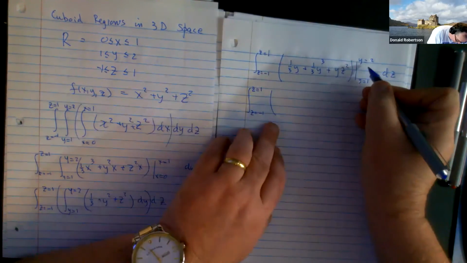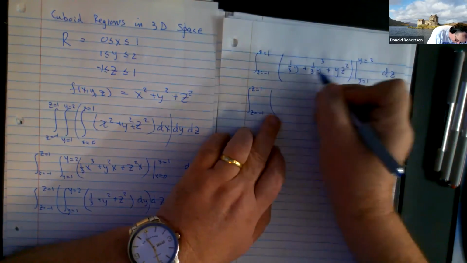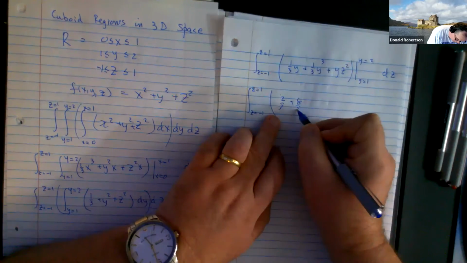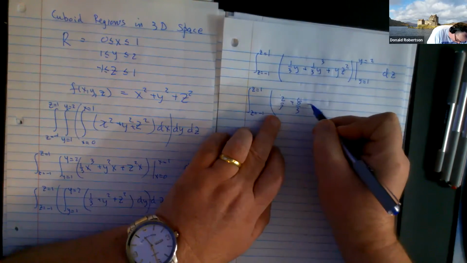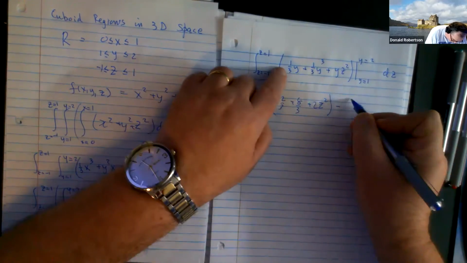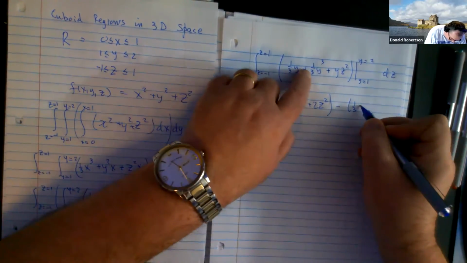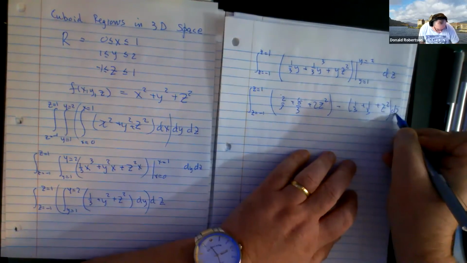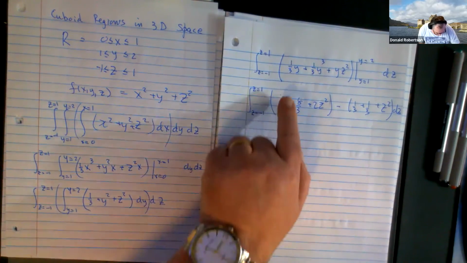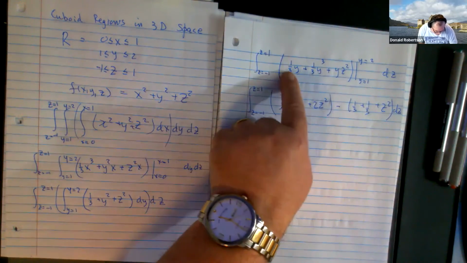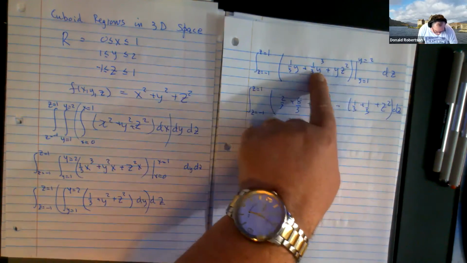And we get, well, that's 2/3, 8/3, and 2z squared. Take away 1/3, 1/3, and a z squared. Just double check: 2/3, 8/3, 2z squared looks good. 1/3, 1/3, and a z squared.